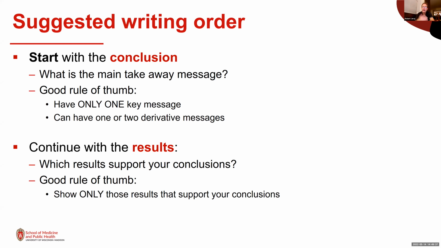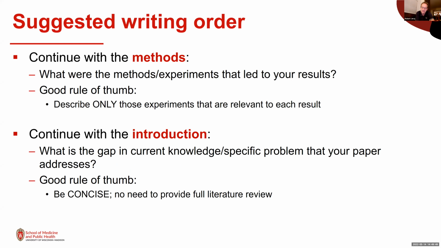And then, of course, the very easy part of the paper is just to describe the methods and experiments. And again, however, the important thing is that you only want to describe those experiments that are relevant to each result. So you don't talk about the experiments that you've done just because you've done them. No, only those that are actually leading to the results which are leading to your conclusions.